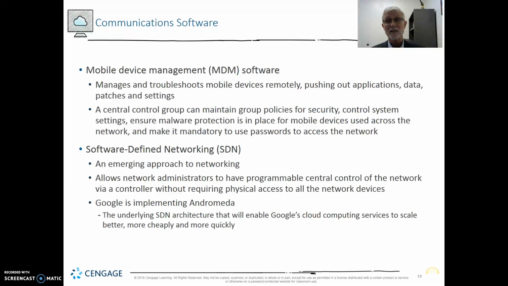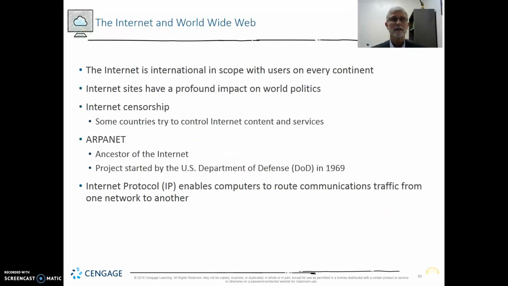There's mobile device software, for troubleshooting mobile devices. And the next trend is software-defined networking. Instead of a network engineer having to be at a physical device defining and engineering it, they're allowing it to be done over software. So just a rough idea.